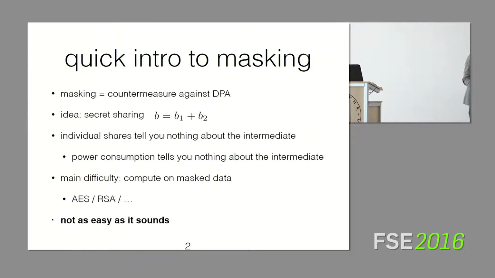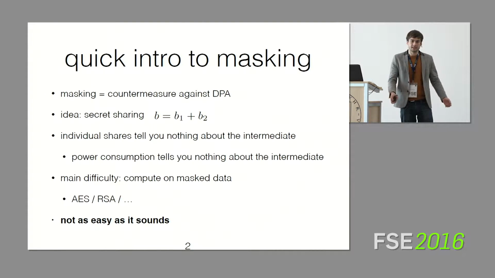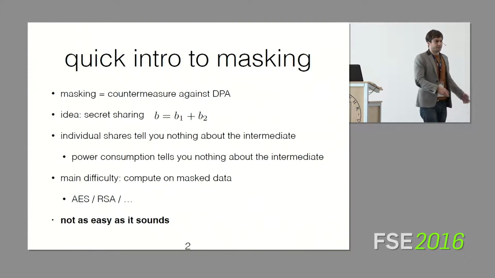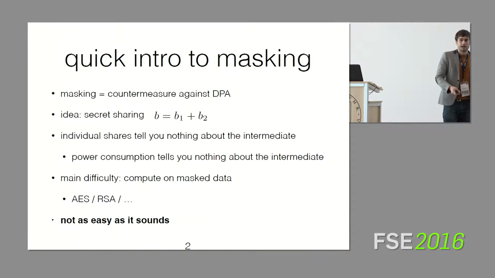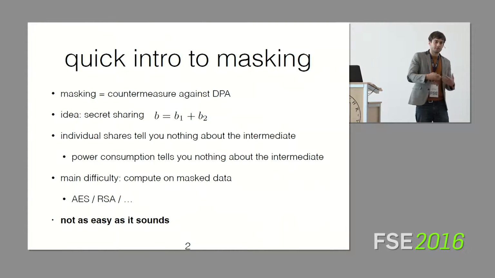So this is, in a nutshell, what masking is. And it turns out that it's not as easy as it sounds. Although the splitting is very easy, and computing linear functions is maybe very easy, the problem comes with nonlinear functions, and designing computation procedures for this is not as trivial as it sounds.